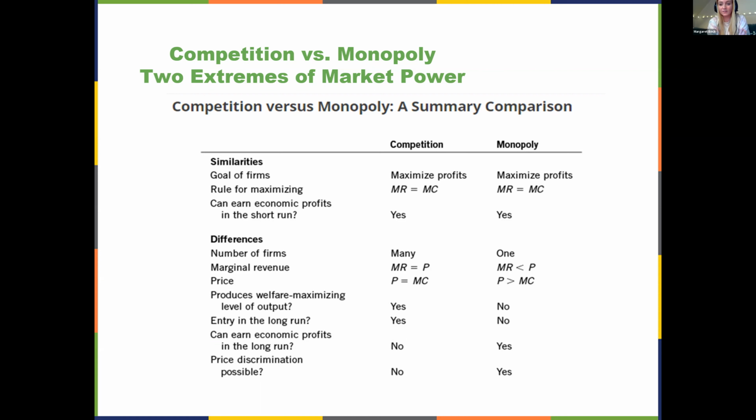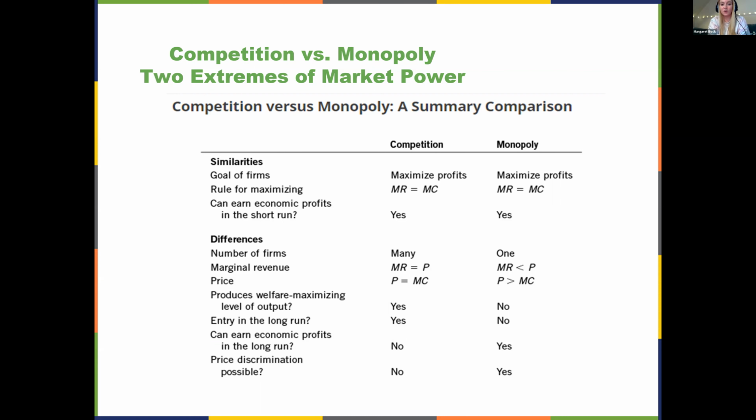At one end of the spectrum, where there's very, very high competition, we have perfectly competitive markets. At the other end, which has very, very low competition, we have monopoly. And I mentioned that, because these different market structures are on complete opposite ends of the spectrum, there aren't going to be very many similarities between these two.